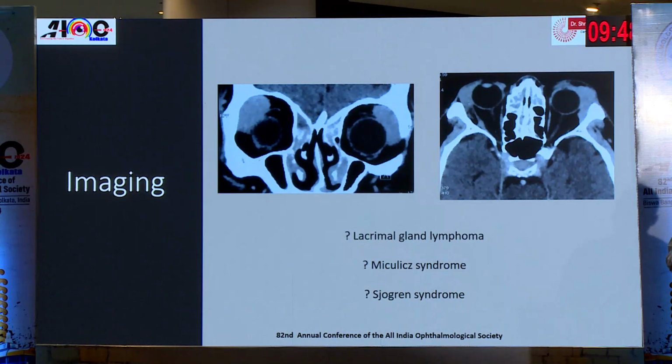So there is eyelid swelling also, preseptal swelling, going up to the nasal side from the temporal side. In our mind, we kept the diagnoses of lacrimal gland lymphoma, Mikulicz syndrome, and Sjogren syndrome. Lacrimal gland lymphoma can be bilateral also. However, this patient did not have any reduced Schirmer's and no dry eye symptoms.